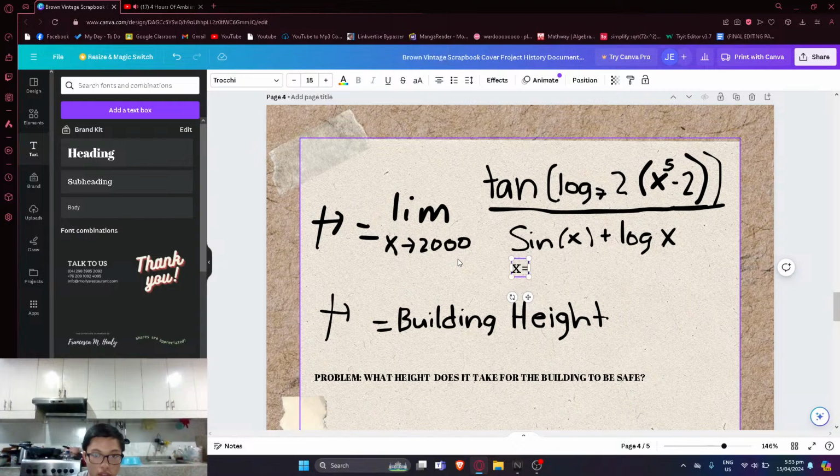So the X is gonna be the safety ceiling. Alright, so X is the maximum safety ceiling.